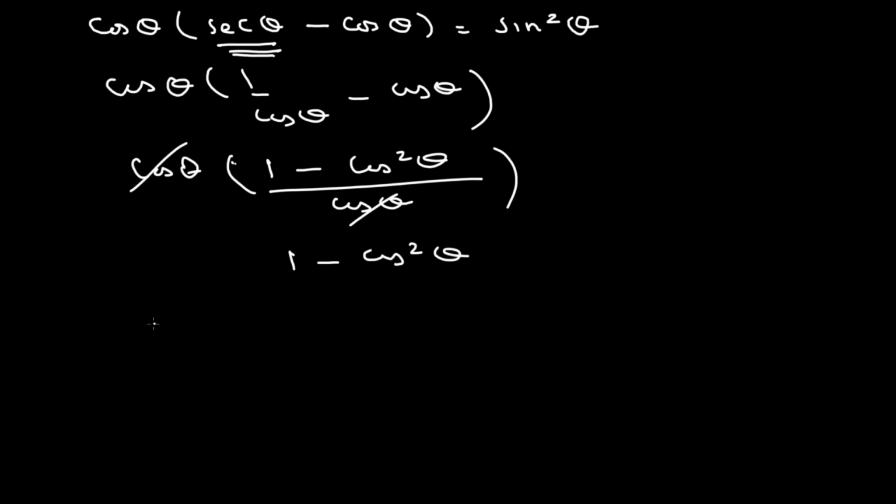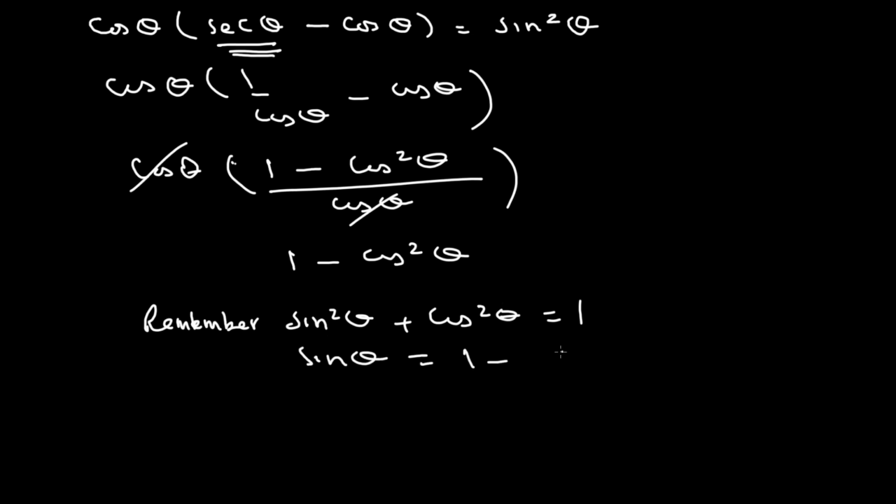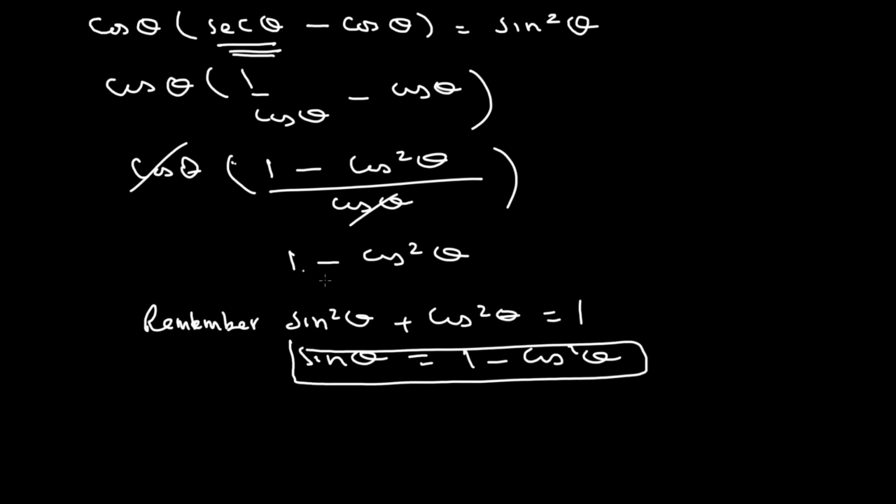Now we remember our functions. Sine squared theta plus cos squared theta is equal to 1, meaning that sine squared theta is equal to 1 minus cos squared theta. Right, so this is the identity that we're going to use here.